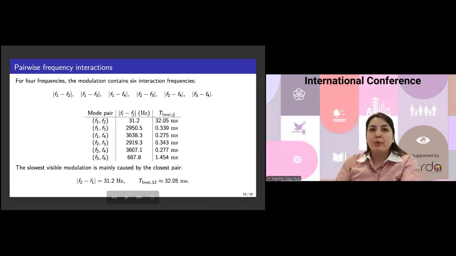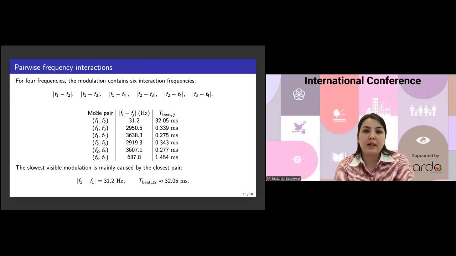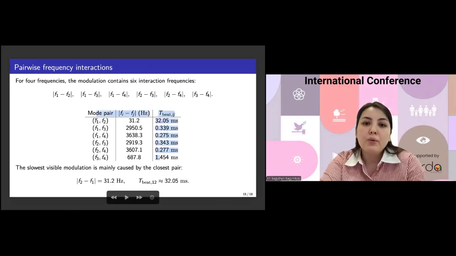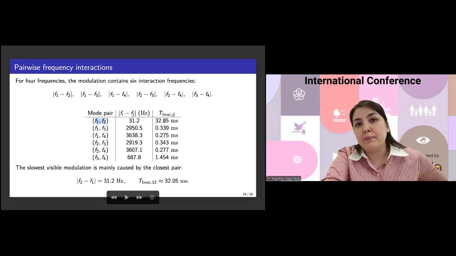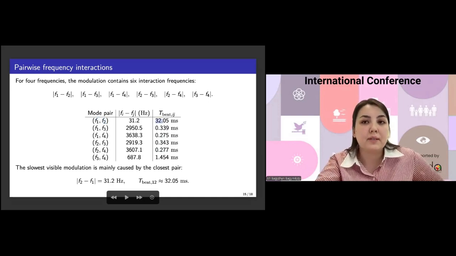Here you see the 6 pairwise interactions, and if you look at this table, we see that the closest pair is F1 and F2, and their difference is equal to 31 Hz. Here we have the beat period, which is equal to 32 milliseconds.